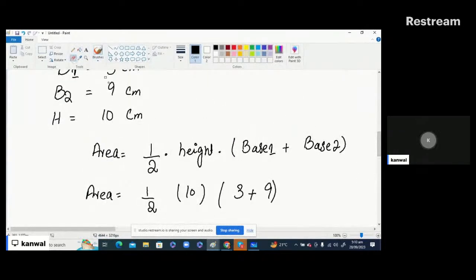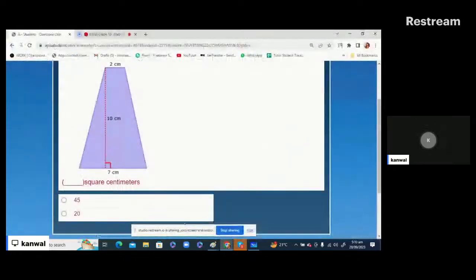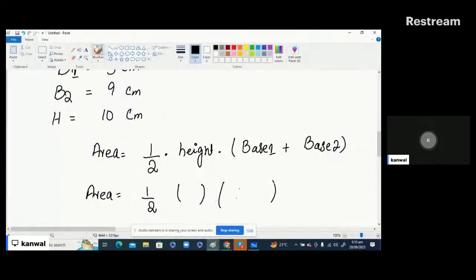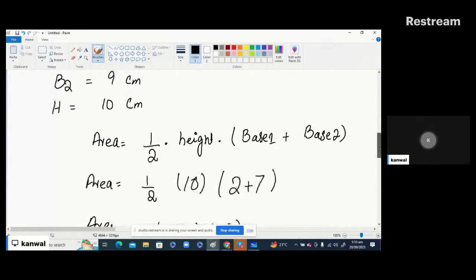Put it here values. What are the bases? 2 and 7. 2 plus 7, and height is 10.